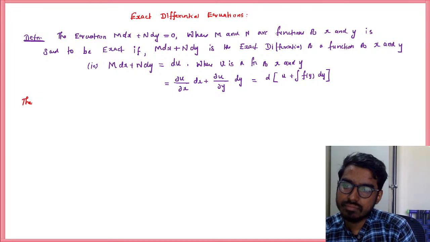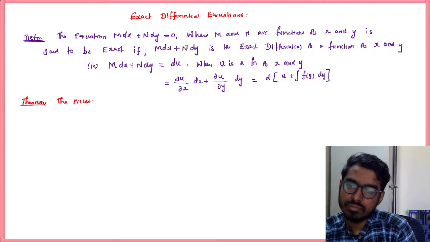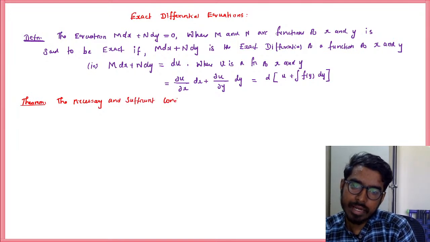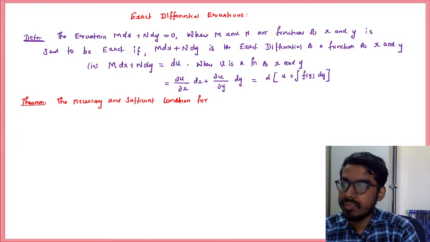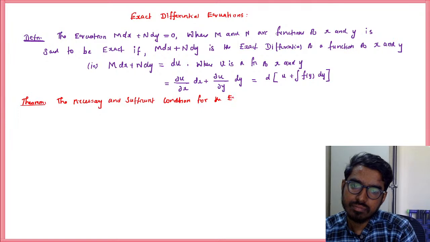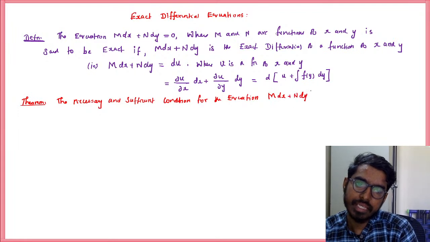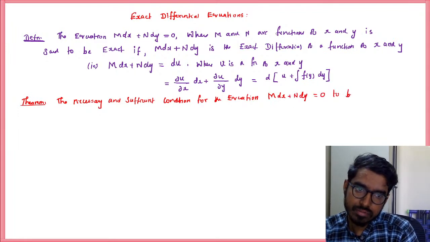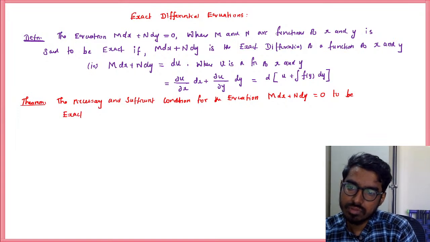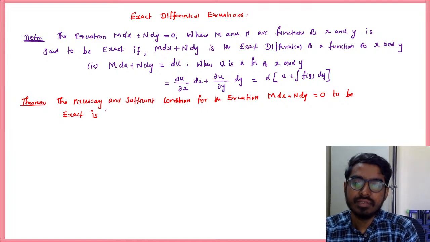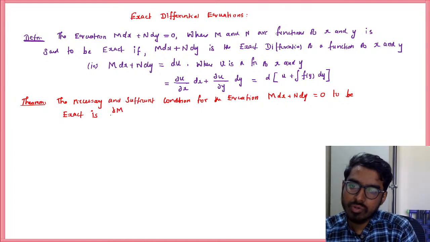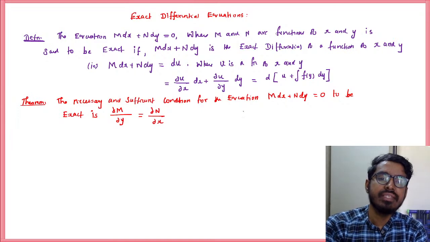The theorem: the necessary and sufficient condition for the equation Mdx plus Ndy is equal to 0 to be exact is given by dou M by dou y is equal to dou N by dou x. That's it. So if this happens, then that equation is exact.